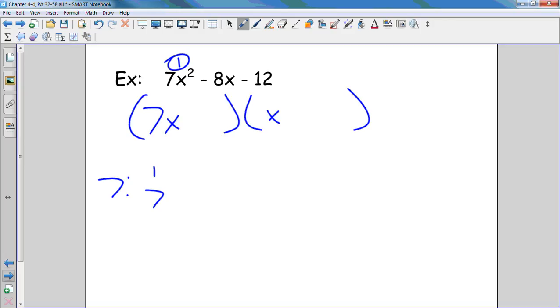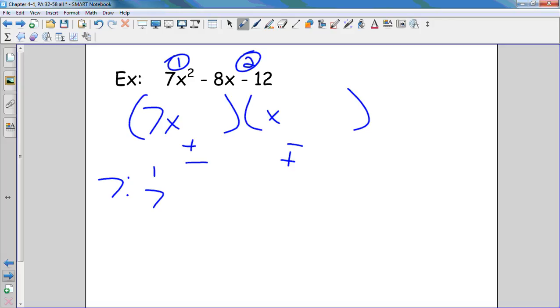Be with me there. Okay, let's go to step 2. Step 2, we always check this sign first. It's a negative. That means 1 has to be a plus and 1 has to be a minus. Okay? So, don't write it in yet. They're no longer flip-floppable. You can't flip-flop those now because one of them is going to be multiplied by 7 and you have to find the difference. So you got to be careful.